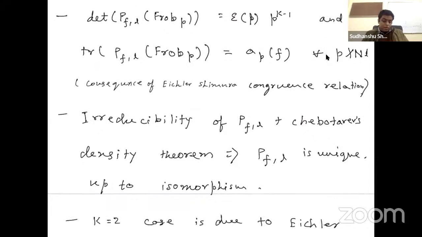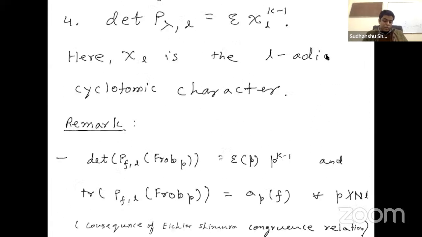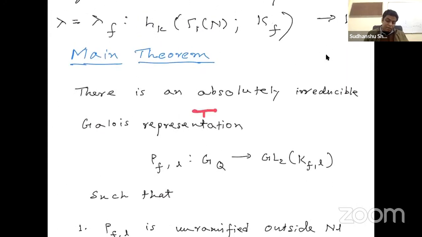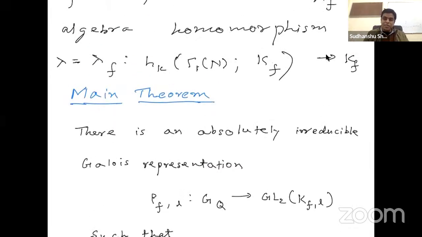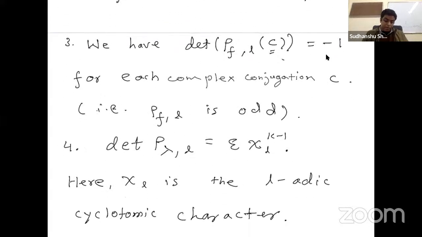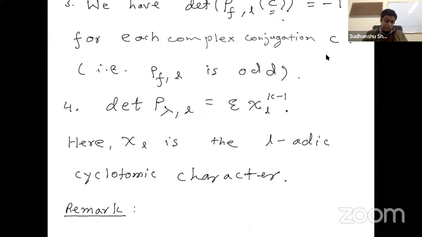Now, the other thing is uniqueness. You remember I have already said this is an absolutely irreducible representation. It has coefficients in K_f,L, so you can go right up to the algebraic closure of K_f,L and it remains irreducible even there. That's what being absolutely irreducible means.